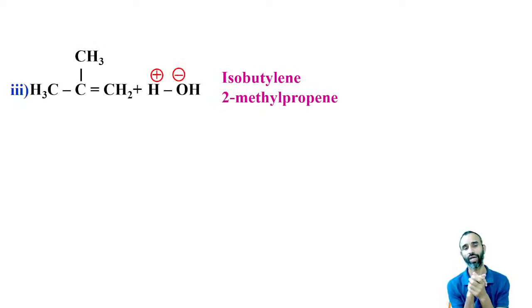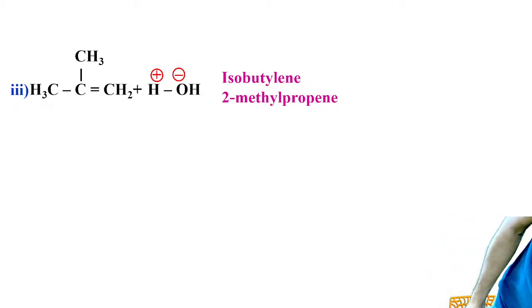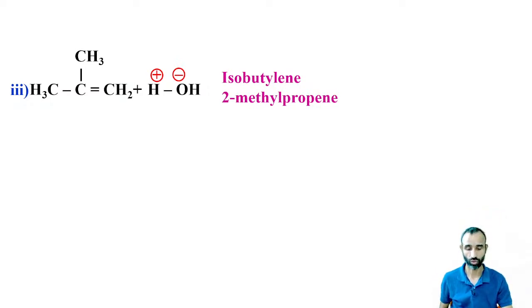Tell me, if we have isobutylene, what is the product formed? 2-methylpropan-2-ol. One second. 2-methylpropan-2-ol.